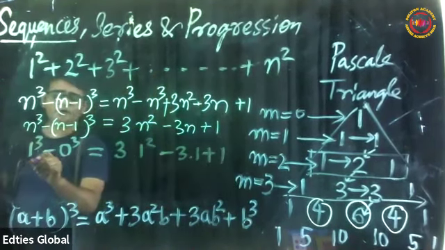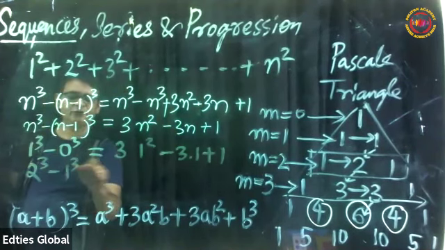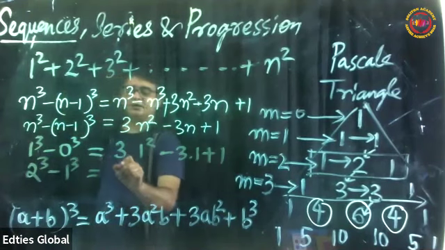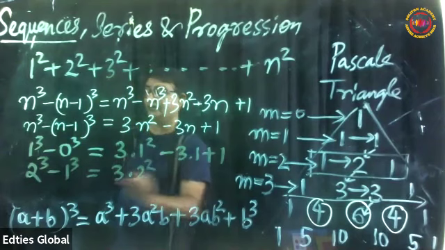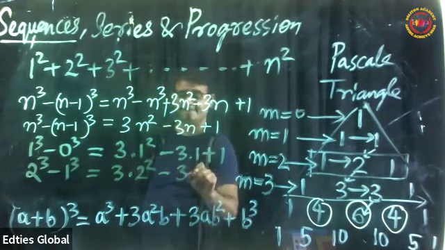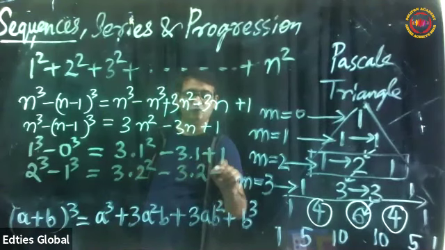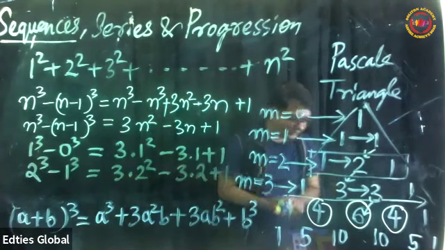Now I'm going to do for 2. 2 cube minus 1 cube is equal to 3 into 2 square minus 3 into 2 plus 1. Right? We can continue like this.